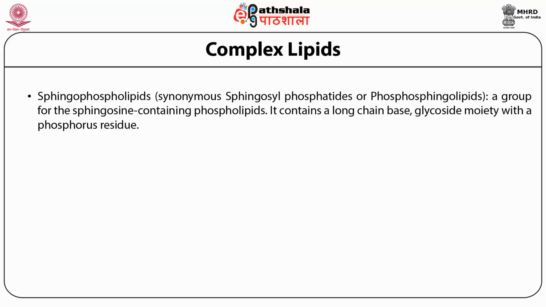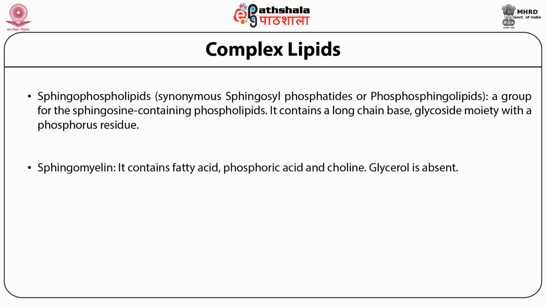It contains a long chain base, glycoside moiety with a phosphorus residue. It contains sphingomyelin. The sphingomyelin is having a fatty acid, a phosphoric acid and a choline moiety. The peculiarity of sphingomyelin is that it lacks glycerol.